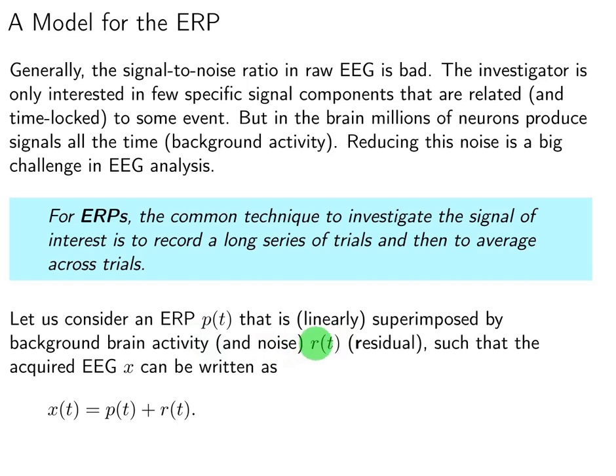Let's call it R, as in residual or noise. Then we can represent the acquired EEG as X of T, which consists of the event-related potential plus some noise. This is a model that we typically use in representing EEG data.